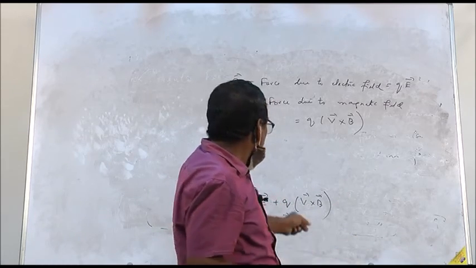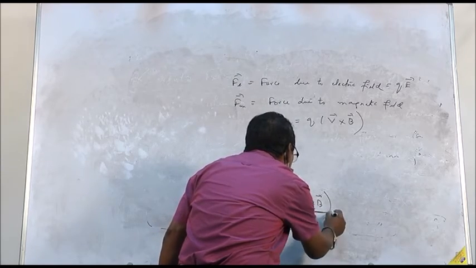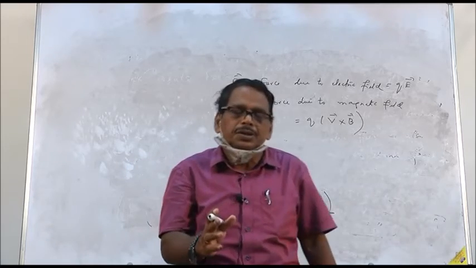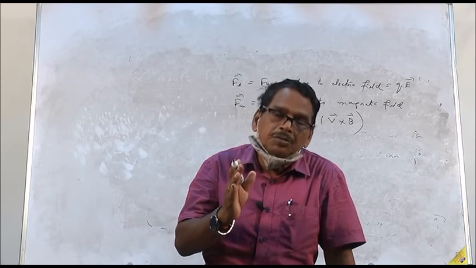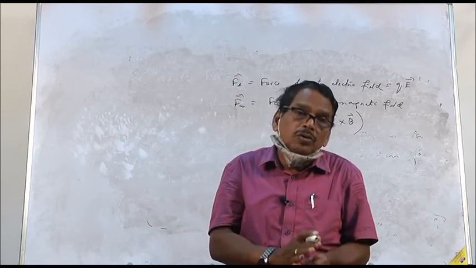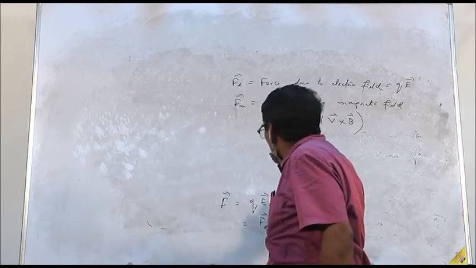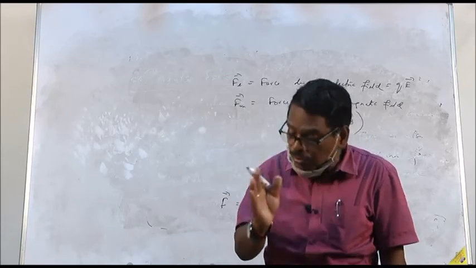In that case, the direction of force and the direction of displacement will be perpendicular to each other. So, no work will be done by force due to magnetic field, only work will be done due to electric field.